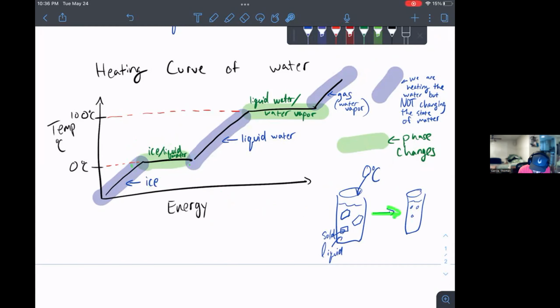Even though we leave it and it's exposed and the ice is melting, we still have our solid and liquid. Therefore, we're still in this field. So we know that even though we left our cup of ice water out for 20 minutes, because the solid ice is still there, we know the temperature of that water is still going to be 0 degrees Celsius.